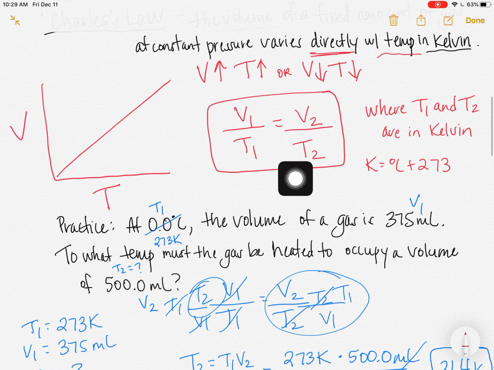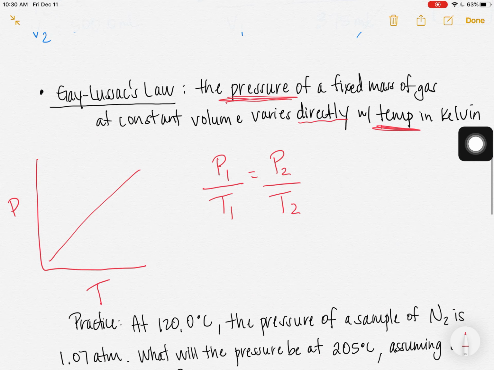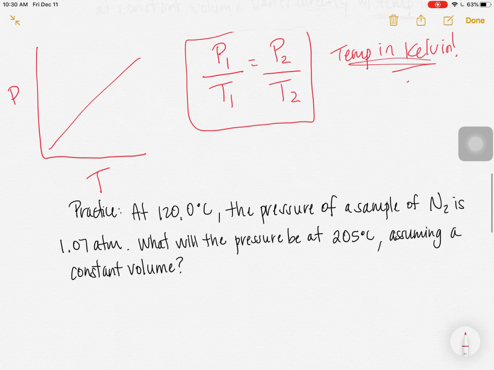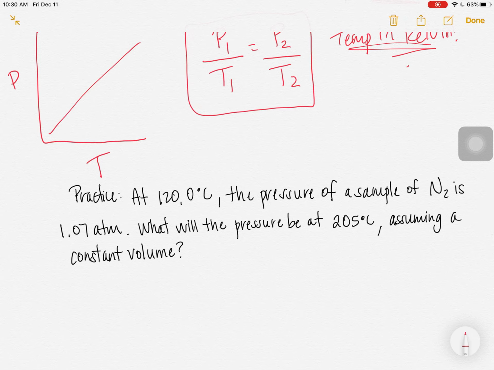Do you see how this and this are the same, except it's just switching it from V to P? Again, temperature must be in Kelvin. Okay? So you notice that these problems are kind of all the same. It's just learning how to manipulate these formulas.